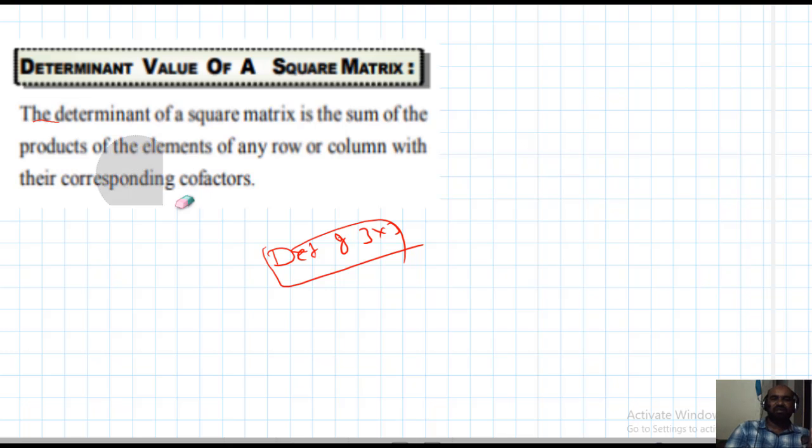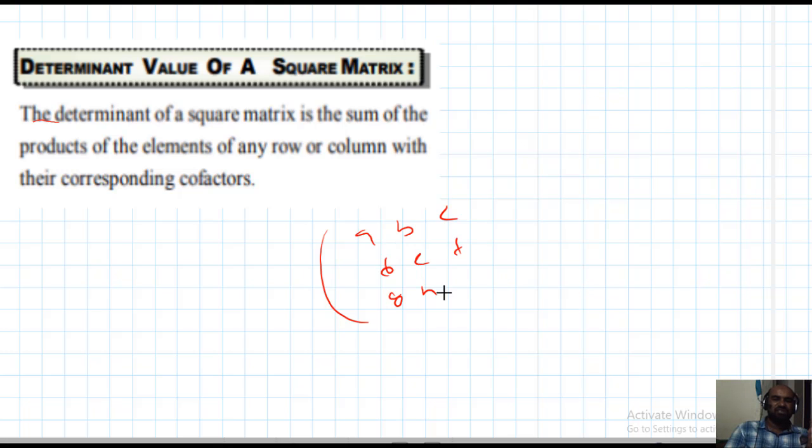Important, students. Once again, listen. The determinant of a square matrix is the sum of the products of the elements of any row or column with their corresponding cofactors. Means, for example, this is a matrix P with elements A, B, C, D, E, F, G, H, I. We want to find the determinant, denoted by this symbol.